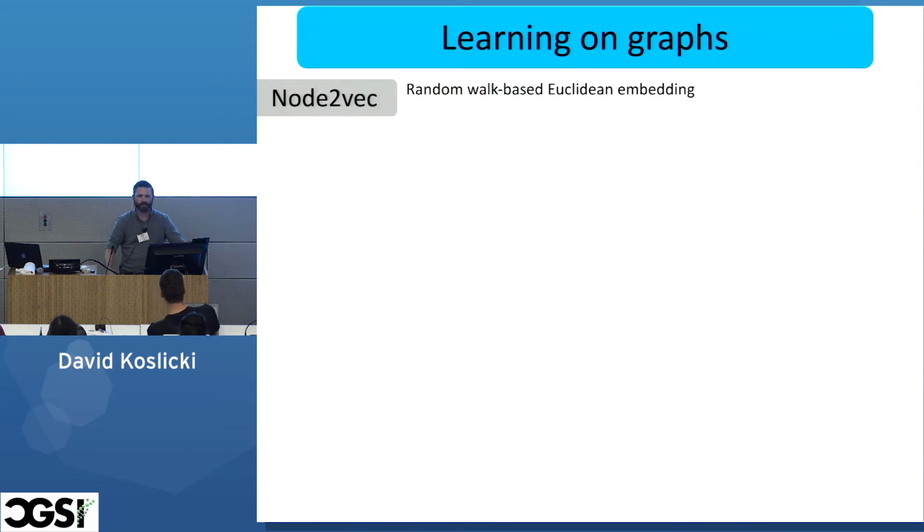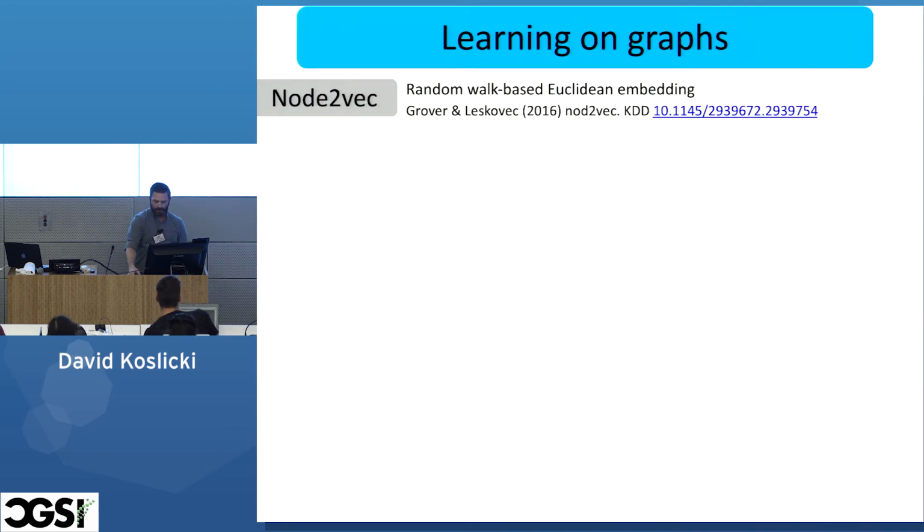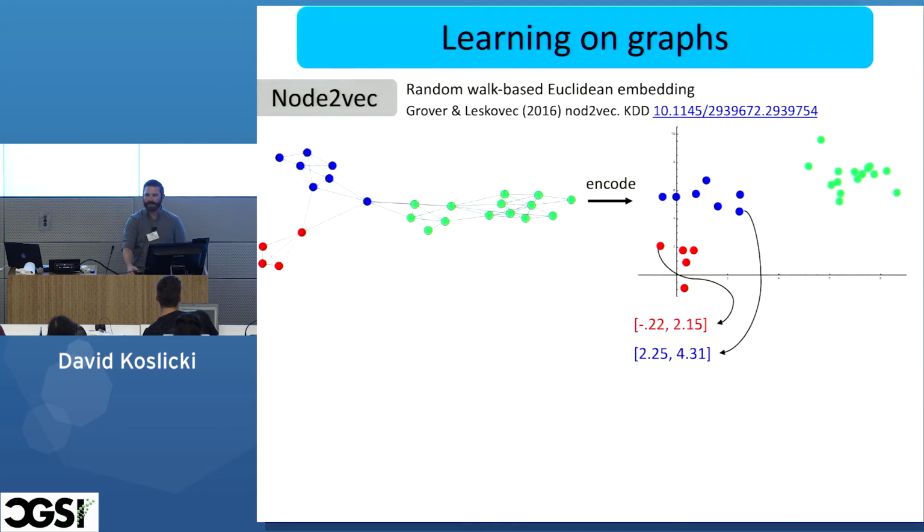So what does node2vec do? It is another random walk based Euclidean embedding technique for graphs. Here's the reference for this particular embedding, but the whole basic idea is as follows. We want to figure out exactly what you asked: how do we actually encode these things?